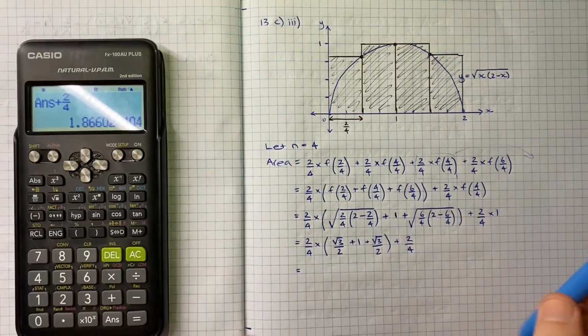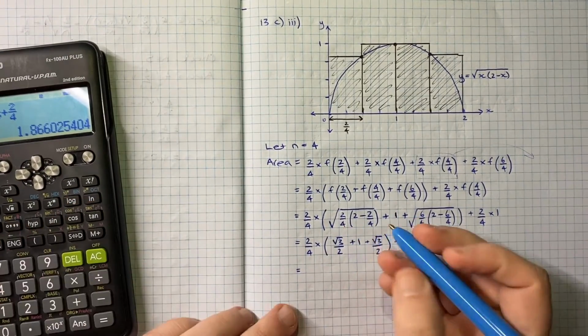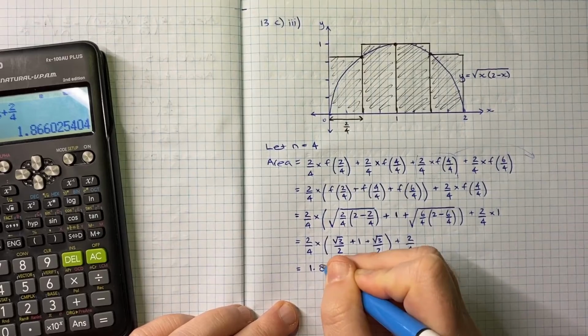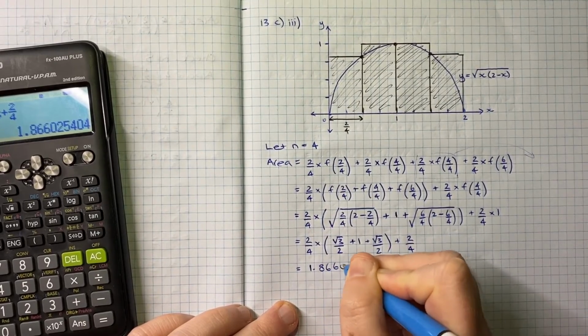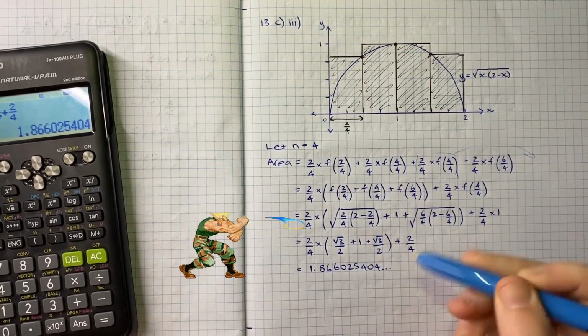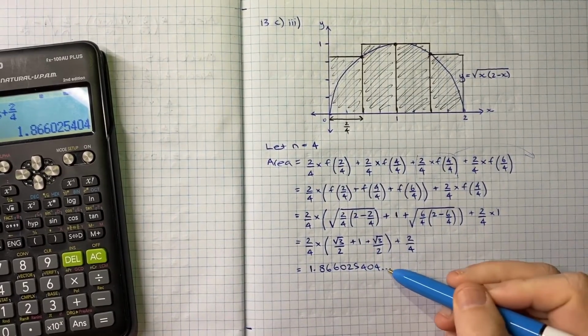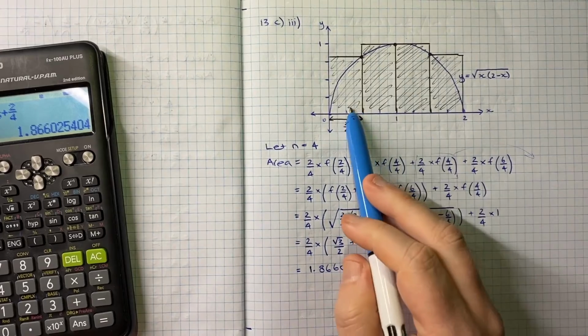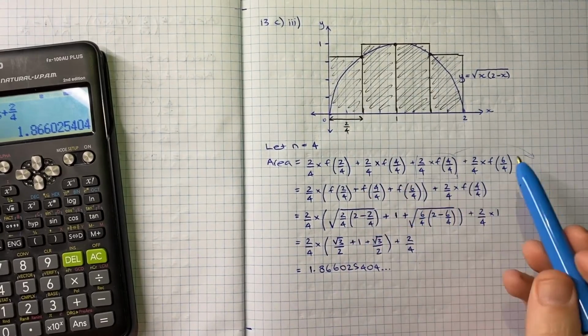So that gets us 1.866025404 and so on. And that is going to become our check when we try and generalize this, which I'll do in a follow-up video.